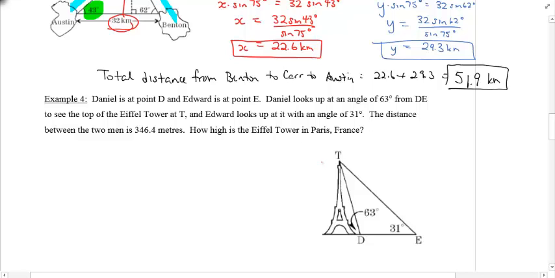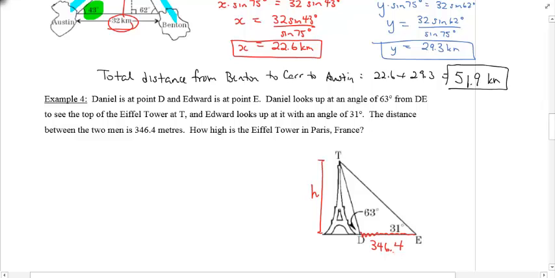So use your understanding of Sine Law to try to figure this out. You're like, I don't have any measurements. Yes, you do. It says the distance between the two men. That's this point right here. That's 346.4.